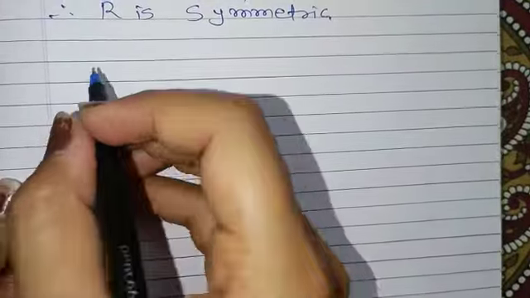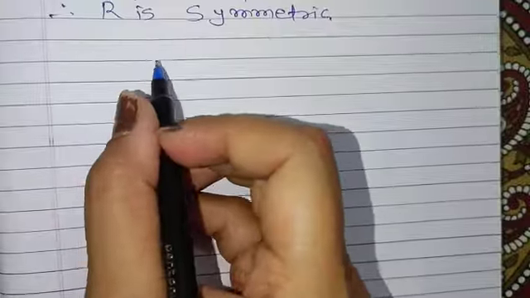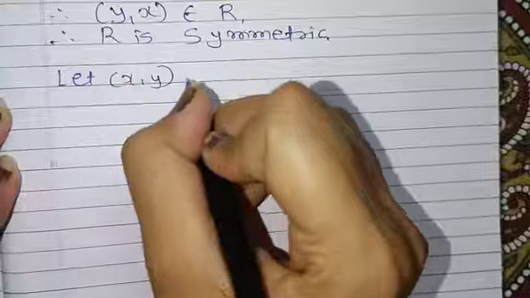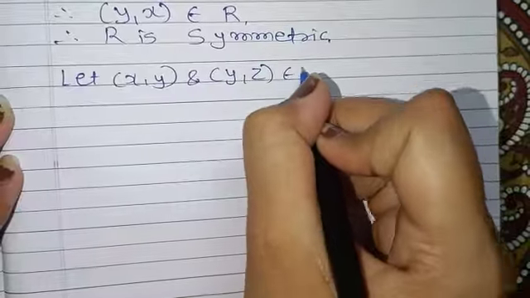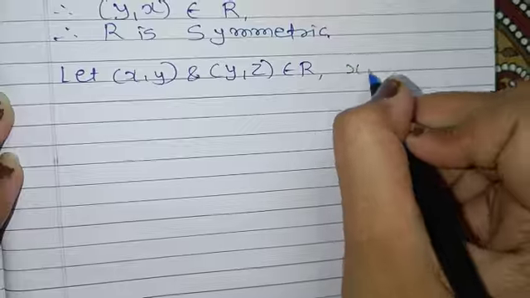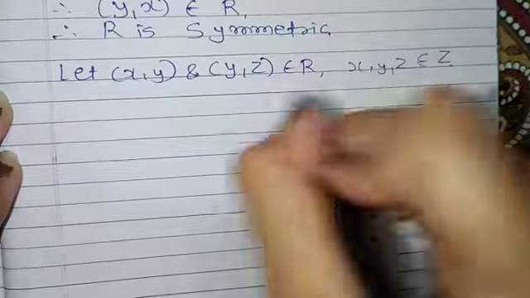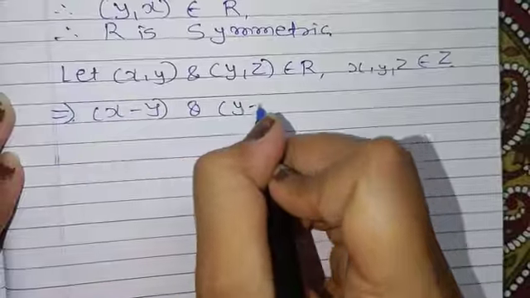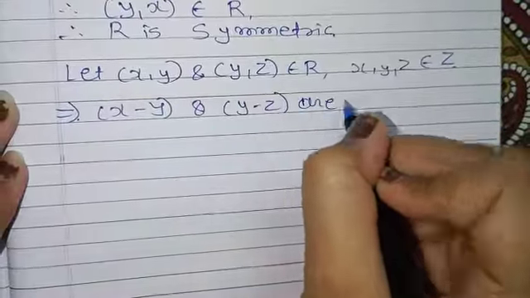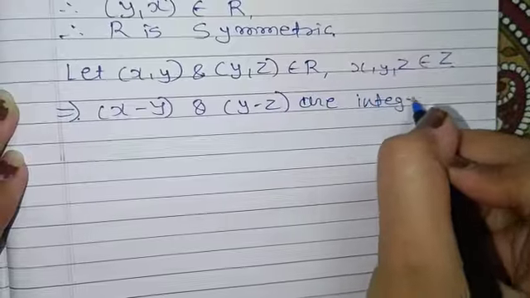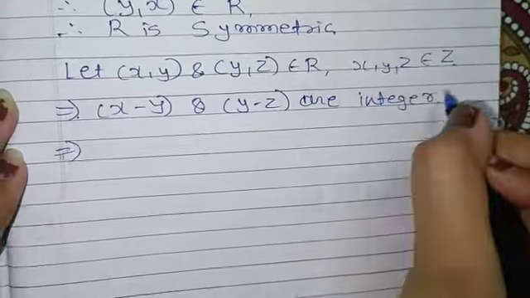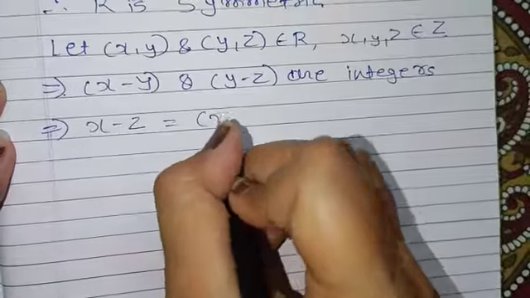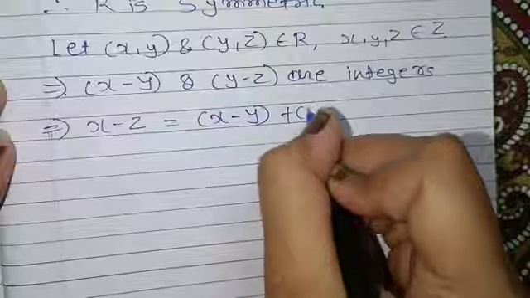Next, we will show transitiveness. Let (x, y) and (y, z) belong to R, where x, y, z belong to Z. It implies that x minus y and y minus z are integers. It implies that x minus z equals (x minus y) plus (y minus z).